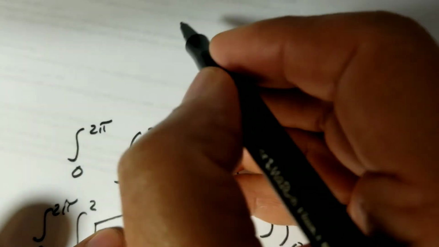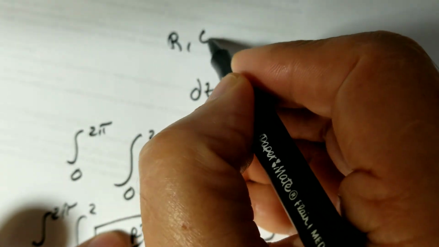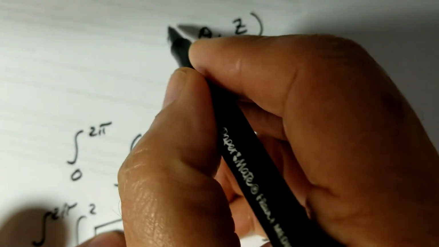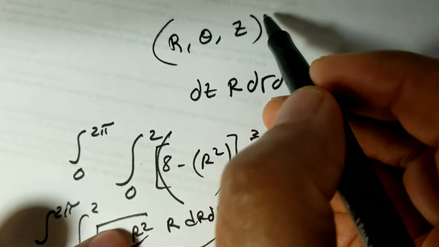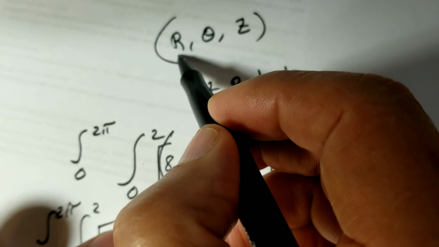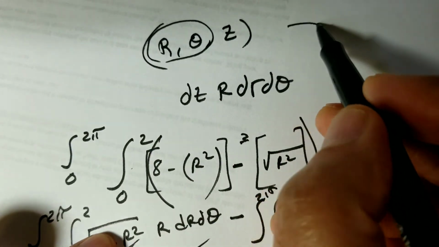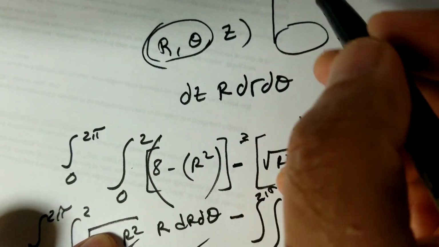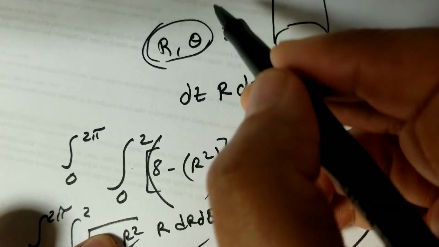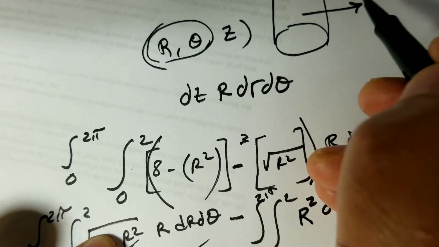Therefore, this consists of r, theta, and z. That's different from x, y, z. This is when the base is round and the height is straight. This is called a cylinder.